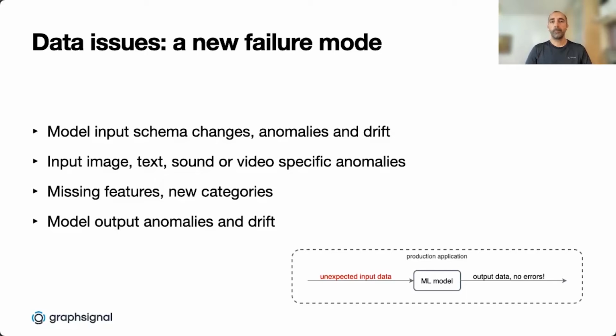Now, here's the problem. Unlike traditional web applications, the model is fully data-driven. It's trained, it's not coded. So the data output is fully dependent on input data. This is also the case with non-ML applications, but to a much lesser extent.